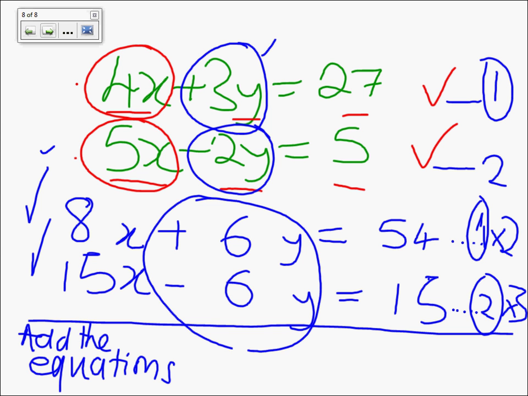So you end up with the following, which is 8x plus 15x. It is 23x, and 27 times 2 plus 5 times 3 gives 69. You end up with 23x is equal to 69.